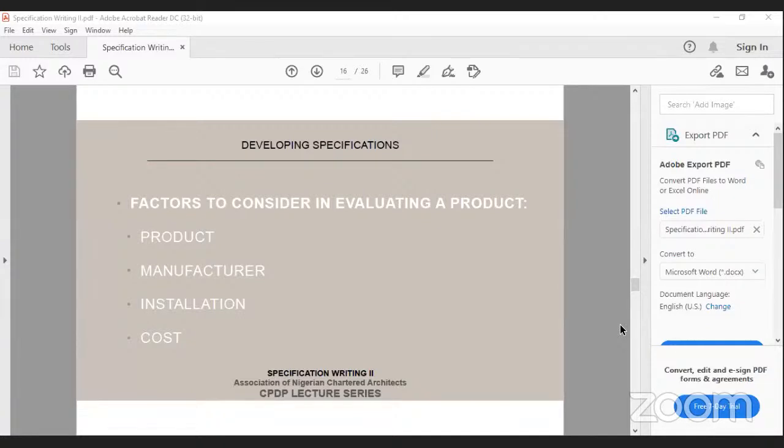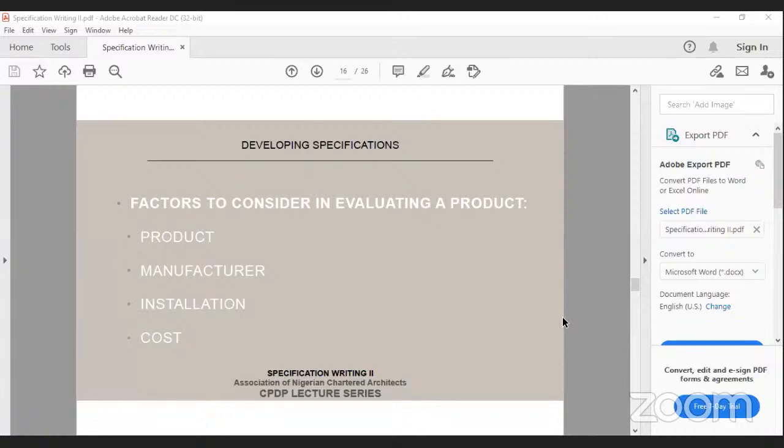Because when you are adding flesh to your project manual and writing your specification, you want to put in also the style or the steps of installation.